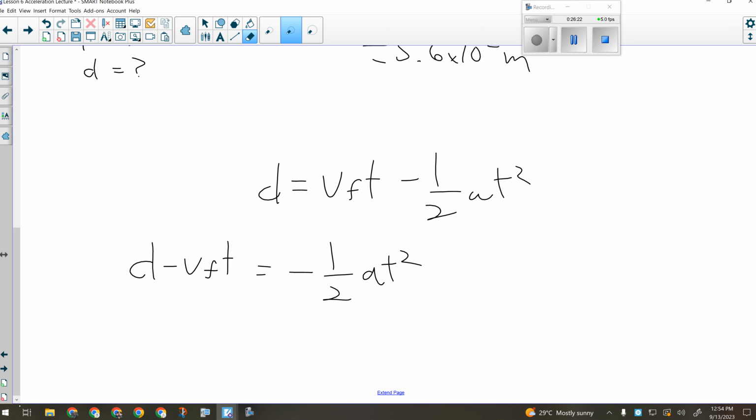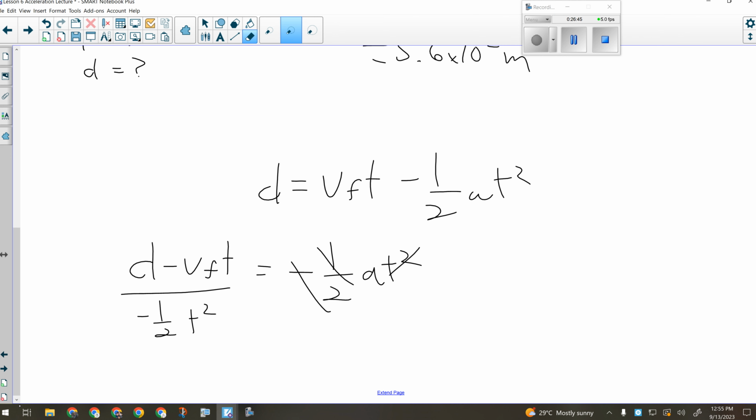Divide them over. Should I take the negative with them? Yes. Divide both sides by negative 1/2 t squared. That'll leave me with a. And once again, you won't be asked to solve for t if Vf is not 0. If Vf is 0, then it would be totally valid to ask you to do that.